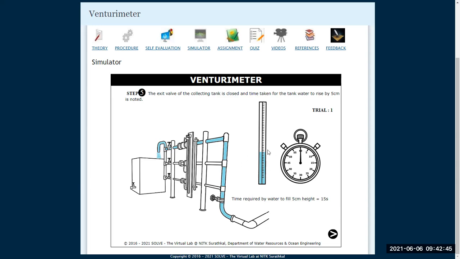Here the rise of water is 5 centimeter, and the time taken is 15 seconds. That time you have to record.